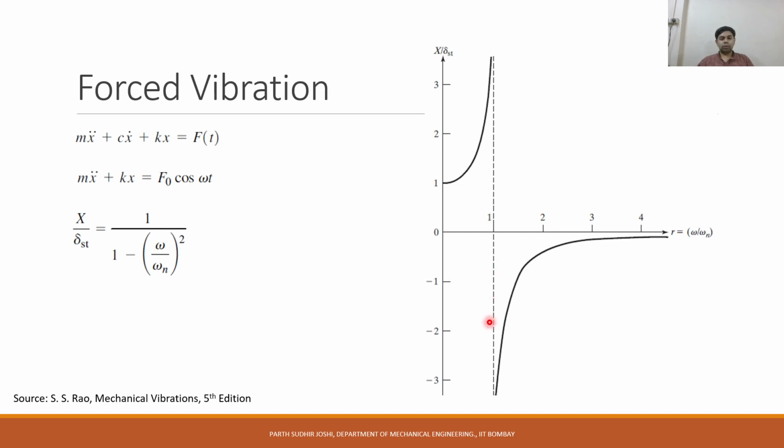For frequency ratio significantly lower than 1 and significantly greater than 1, we can see that the ratio of X by delta static is significantly small. So theoretically, the amplitude is infinite when the excitation frequency matches the natural frequency.